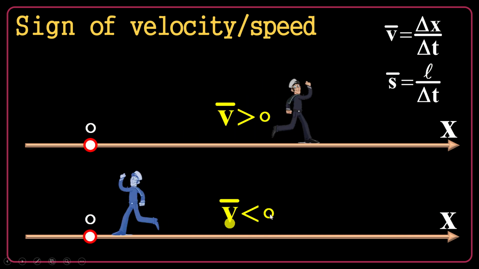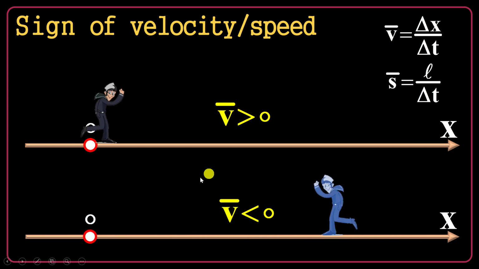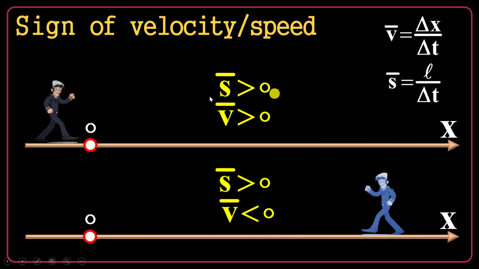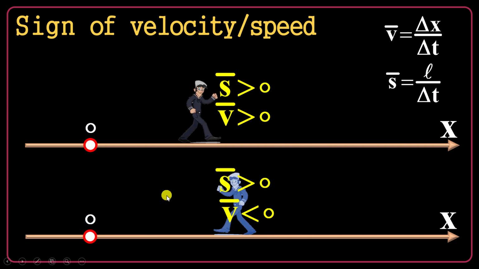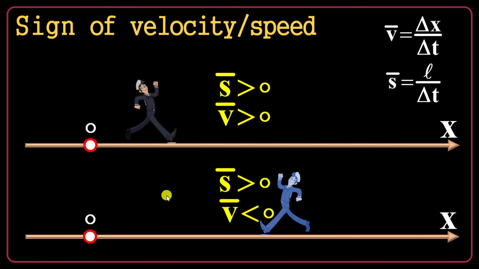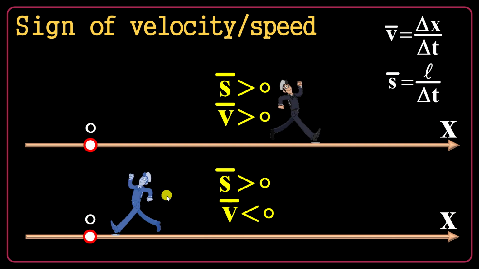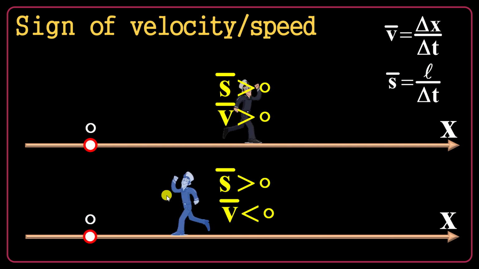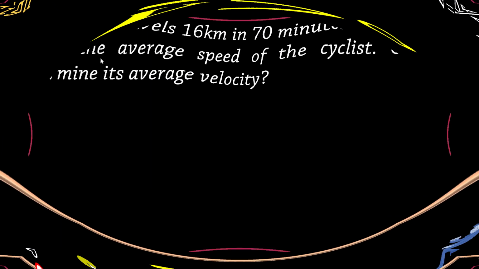Whatever it is, it must be negative. But here, you know that the speed is regardless of the direction. Speed is always positive. So forget about the direction of motion for speed. In speed, just measure the length of the journey, the distance traveled, and divide it by the time. But in velocity, you should also care about the direction of motion.